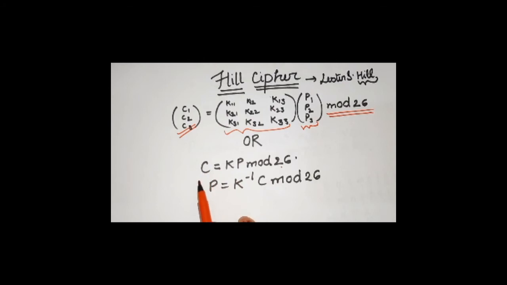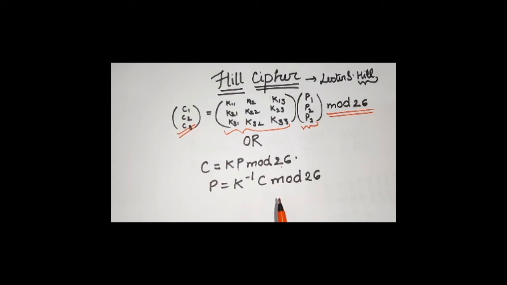Just understand C is for cipher matrix, K is for keyword matrix, P is for plain text matrix, and mod 26 is done because we want values between 0 and 25. Okay, so let me illustrate this by an example.